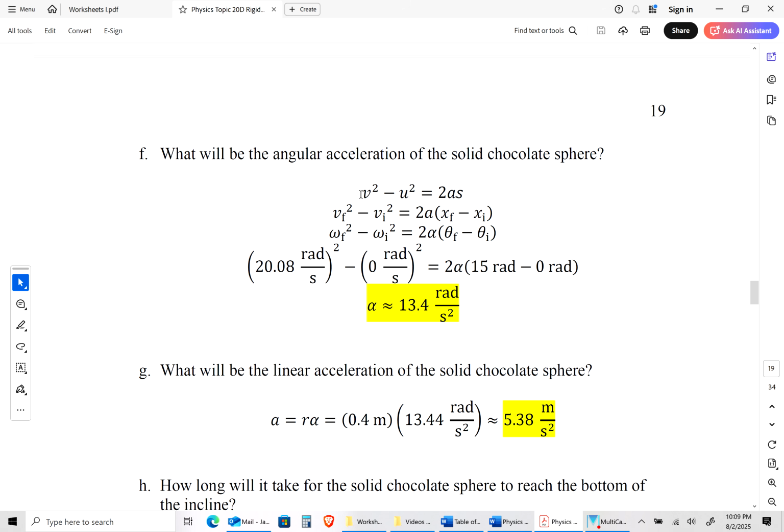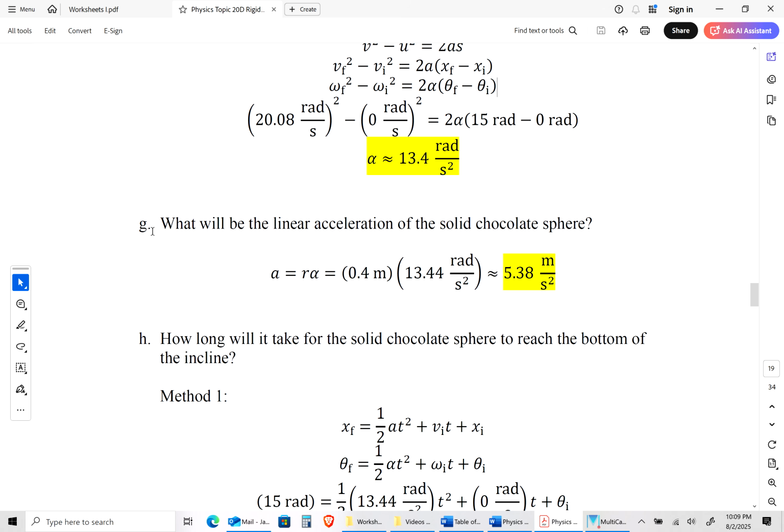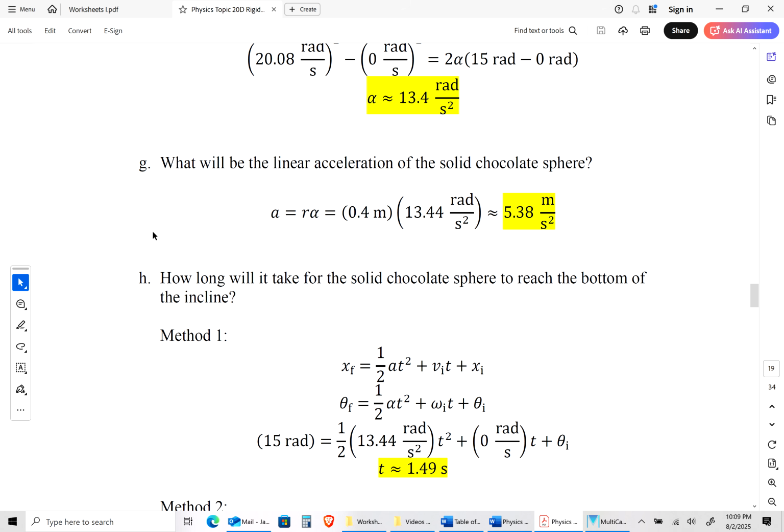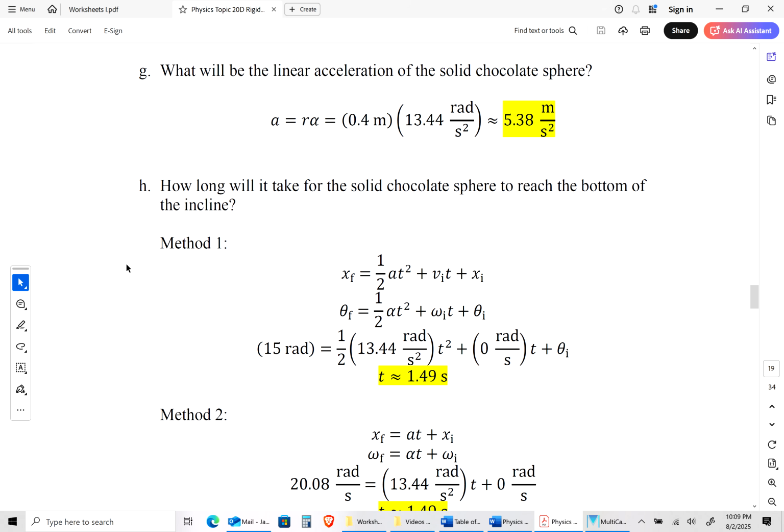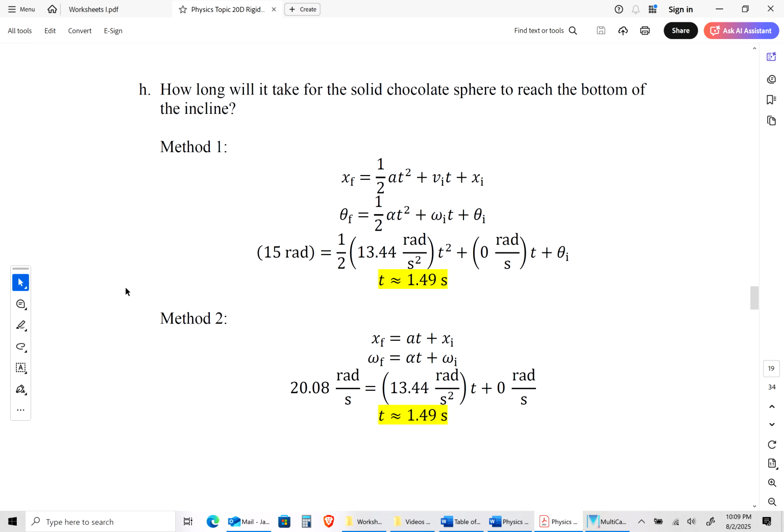Use this Suvat equation, convert it to an angular motion equation, and solve for alpha. Part G, what would be the linear acceleration of a solid chocolate sphere? A equals R alpha. Part H, how long will it take for the solid chocolate sphere to reach the bottom of the incline? So we have two methods. We could use this angular motion equation, or we could use this angular motion equation.